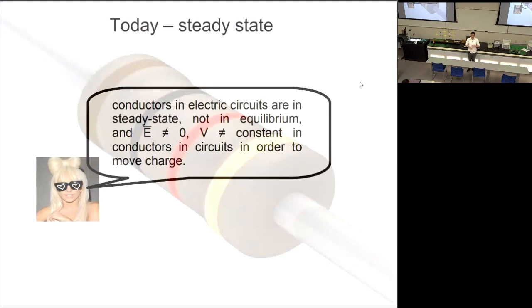In steady state, there is an electrical field in general in the conductor, and there is an electrical potential hill, not a constant electrical potential, in the conductor. So that's an important difference between steady state conductors and equilibrium conductors that we're meeting for the first time in today's class.